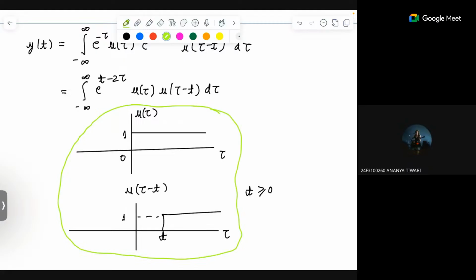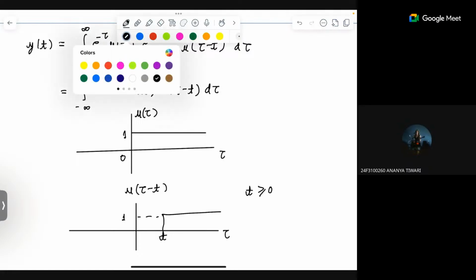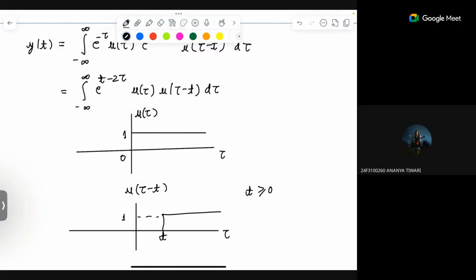So for t greater than or equal to 0, before t we will be having 0 because this is 0. After t it will be 1. So my limit will become t to infinity for t greater than or equal to 0. Is this clear? Yes.